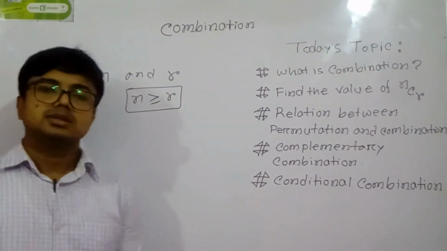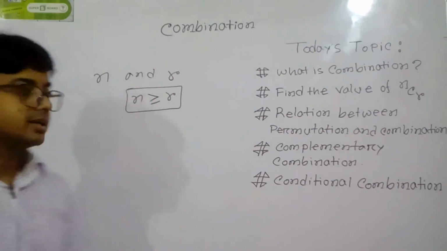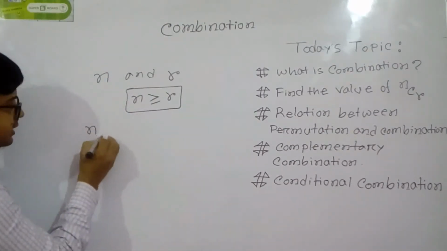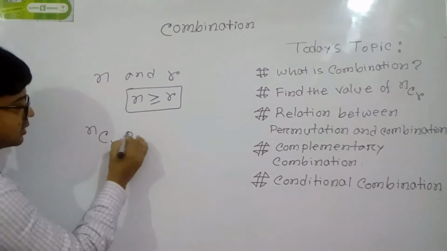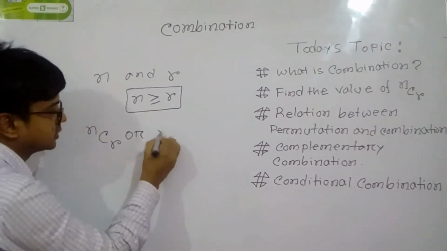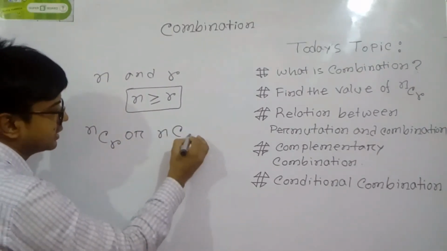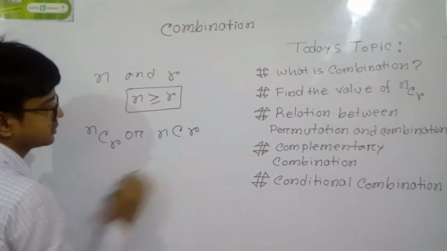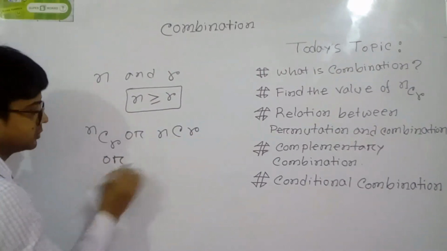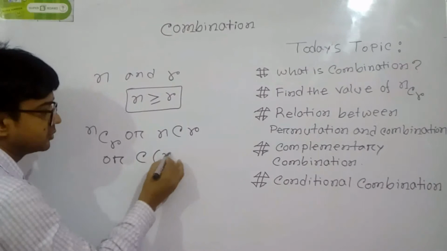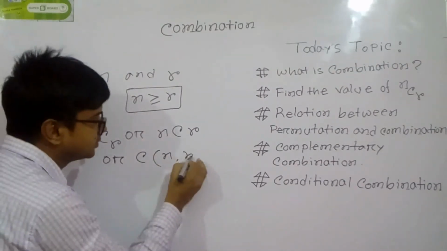The combination is denoted by nCr or C(n, r).